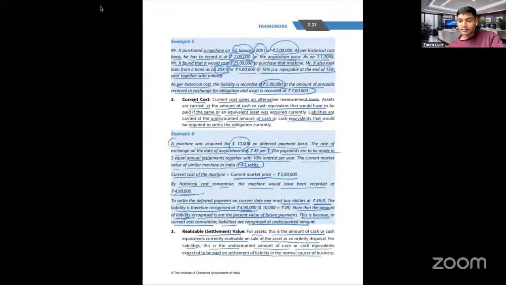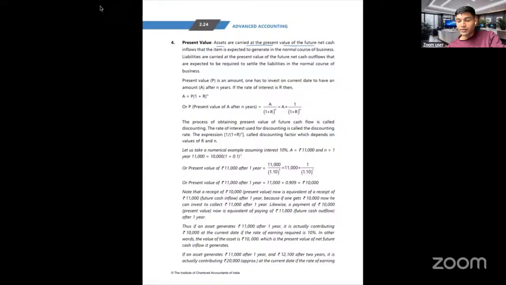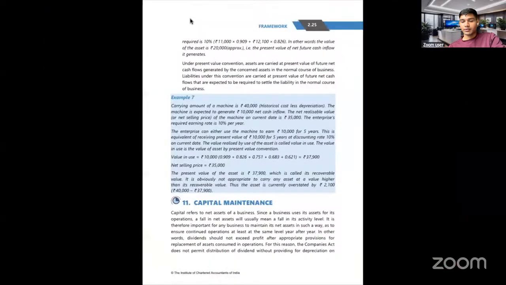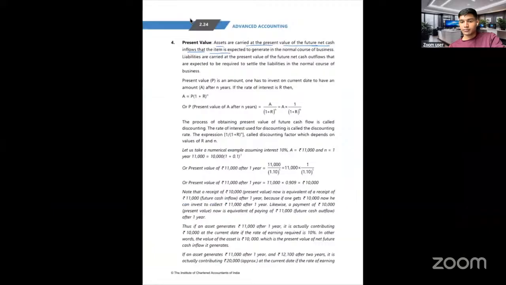Present value. Assets are carried at the present value of the future net cash inflows that the item is expected to generate in the normal course of business.